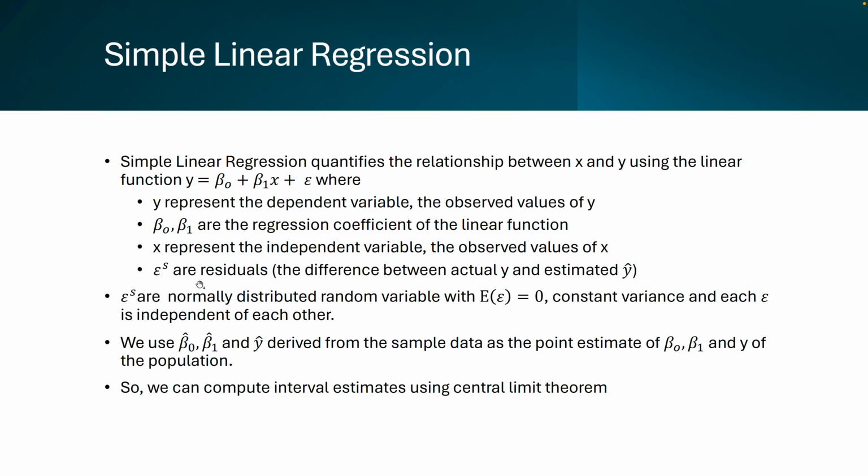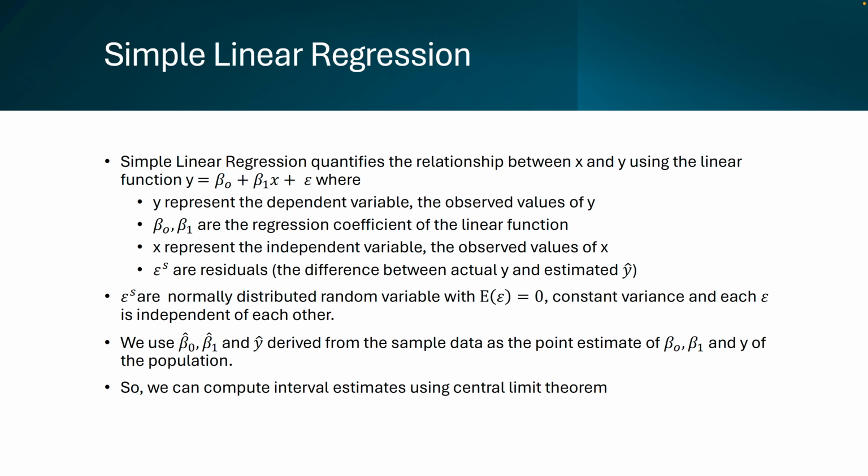Now these epsilons or the residuals are supposed to only carry the leftover noise or the randomness in the data, rather than any signal or anything of value. So these are normally distributed with the expected value of 0. They have a constant variance.